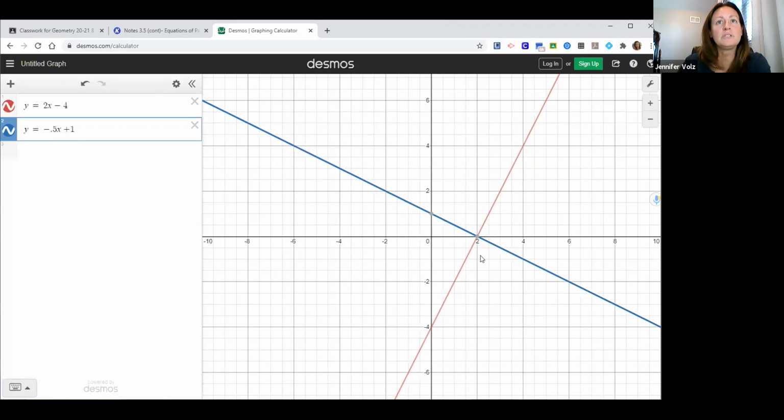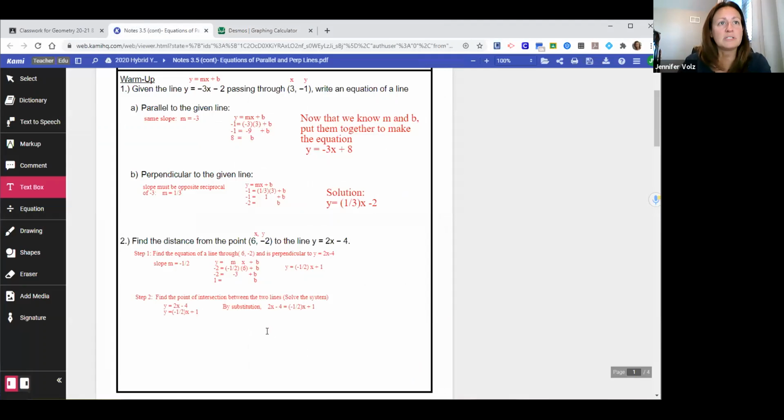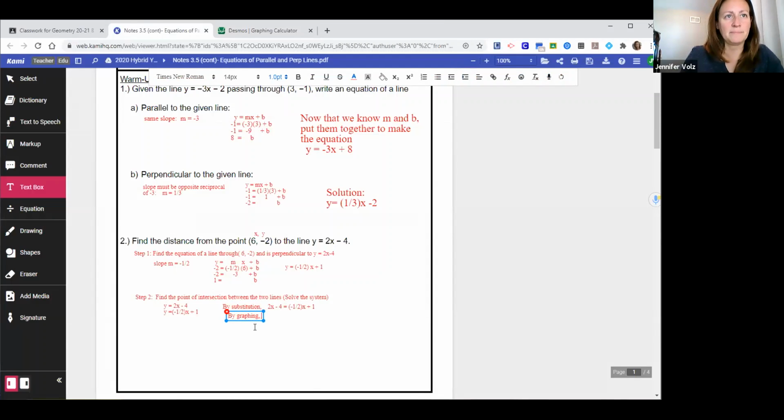Okay, so 2, 0, that's my solution to the system. So the solution to the system there is 2, 0. All right, so step 3 is basically just find the distance between 6, -2, the original point, and 2, 0.